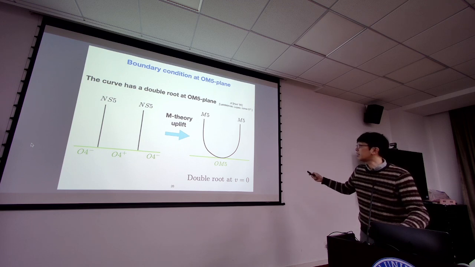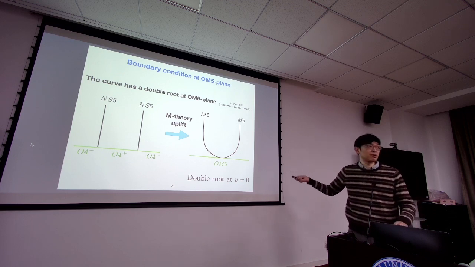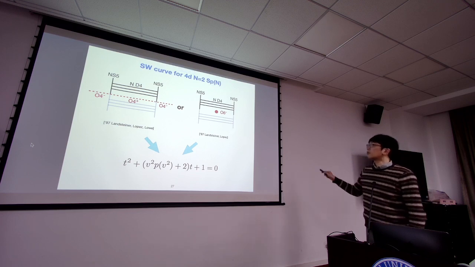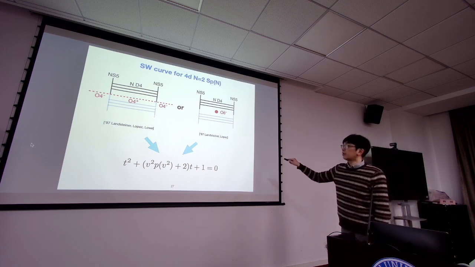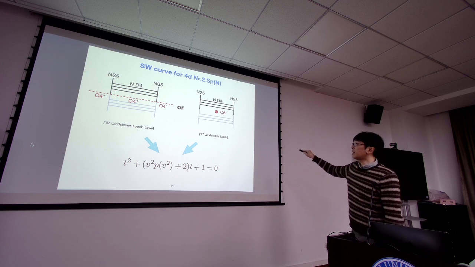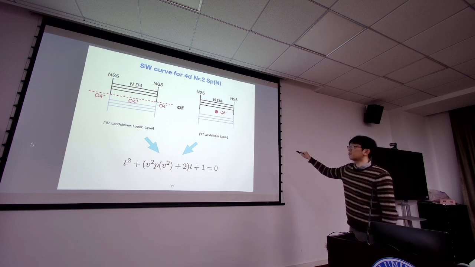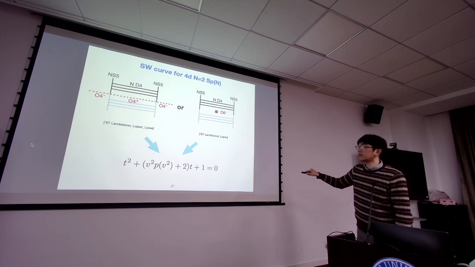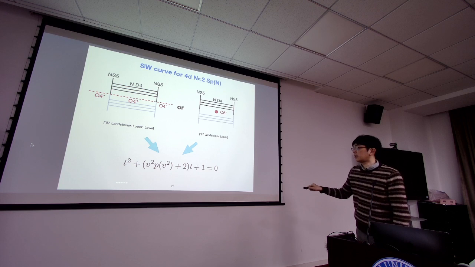This is their claim, and nowadays it is believed to be the correct procedure. And also, instead of using the O4 plane, we can also consider the O6 minus plane. Even if we use this O6 minus, we obtain the same thing, and we obtain this Seiberg-Witten curve for SP(N) with K equals 0.